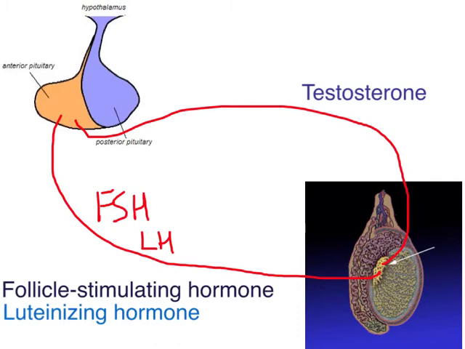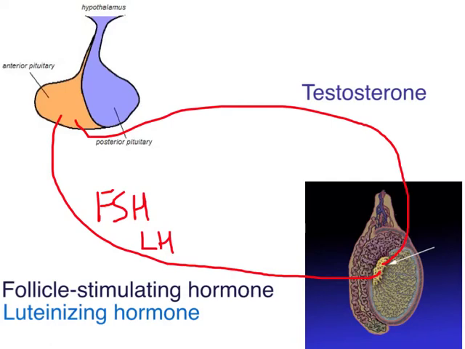Okay, so let's go through that one more time. It's a pretty straightforward process, but I want to make sure you have good notes on it. So step 1, the anterior pituitary releases both FSH and LH. Step 2, the FSH causes the testes to produce sperm, and the luteinizing hormone causes the testes to produce testosterone and release it into the bloodstream.